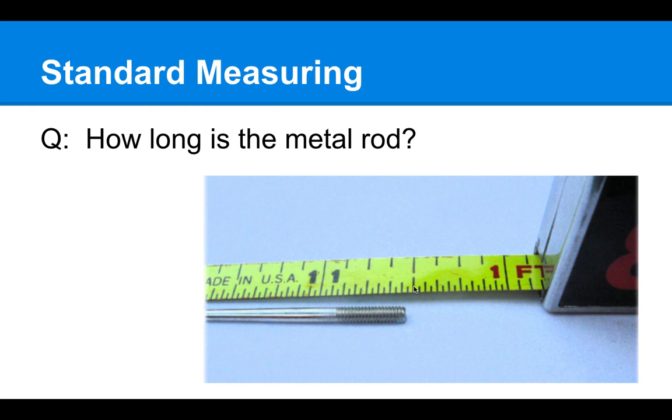Okay. So this ruler actually looks at, this is the half, the fourth, the eighth coming down. This is the 16th and the 32nd.